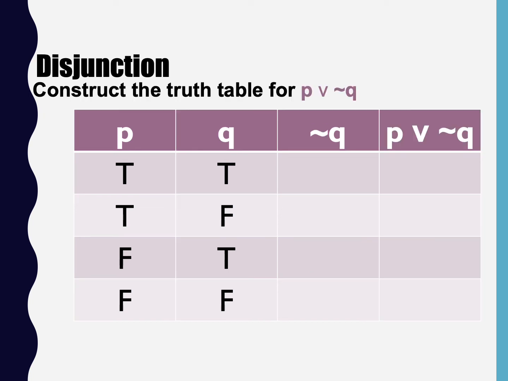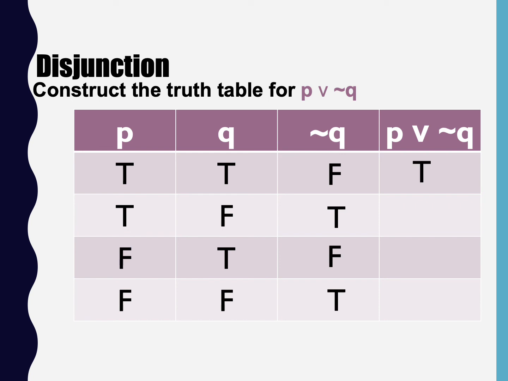Example, construct the truth table for P disjunction not Q. Now, getting first the not Q, you will have false, false, true, and true. Now, solving for the disjunction of not Q or P, you will notice that it is the third row that has both propositions equal to false.